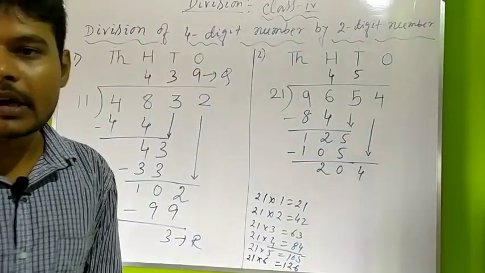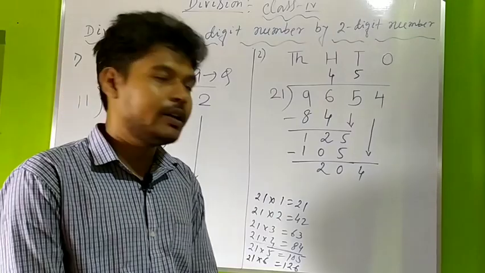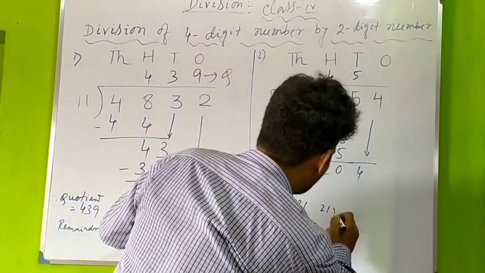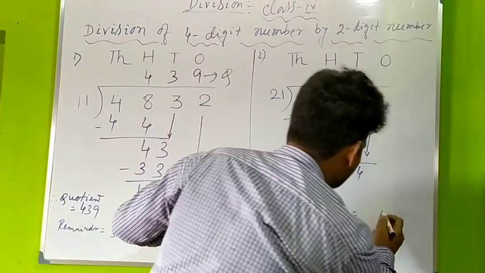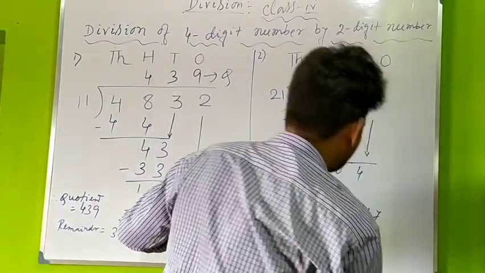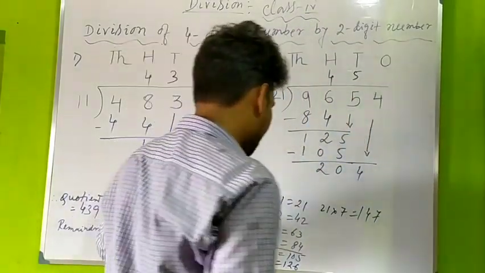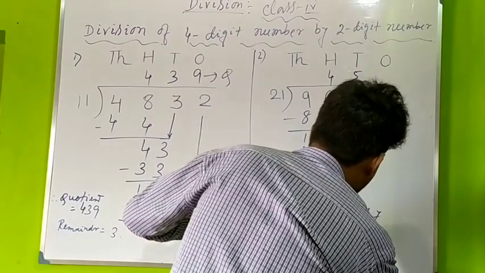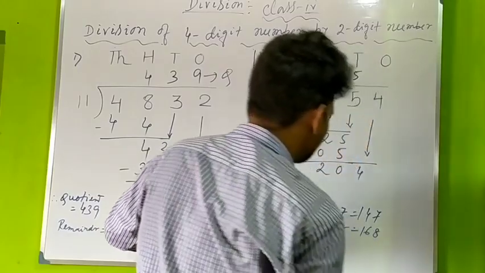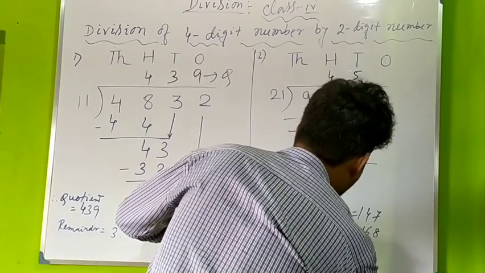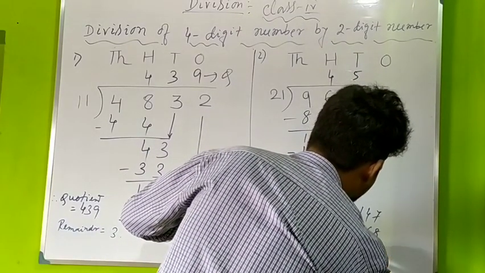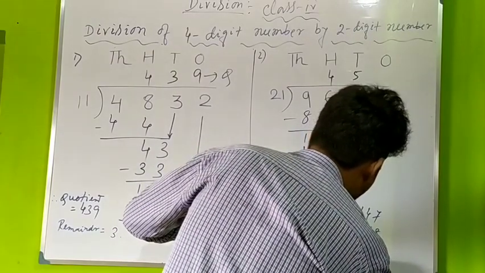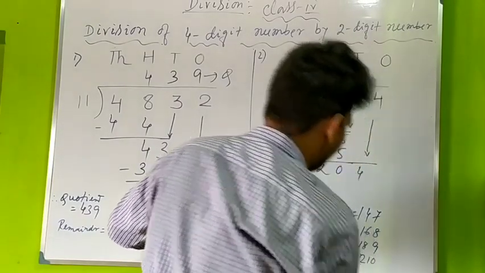Now you remember the multiplication table of 21. 21 into 6 is 126, 21 into 7 equals 147, 21 into 8 equals 168, 21 into 9 equals 189, and 21 into 10 equals 210.